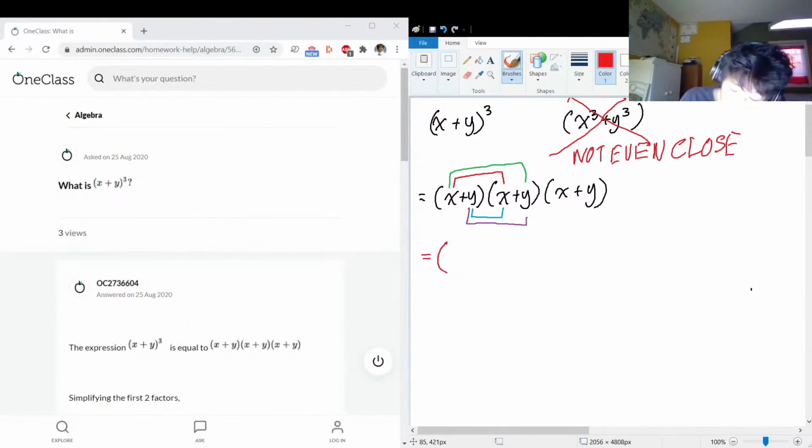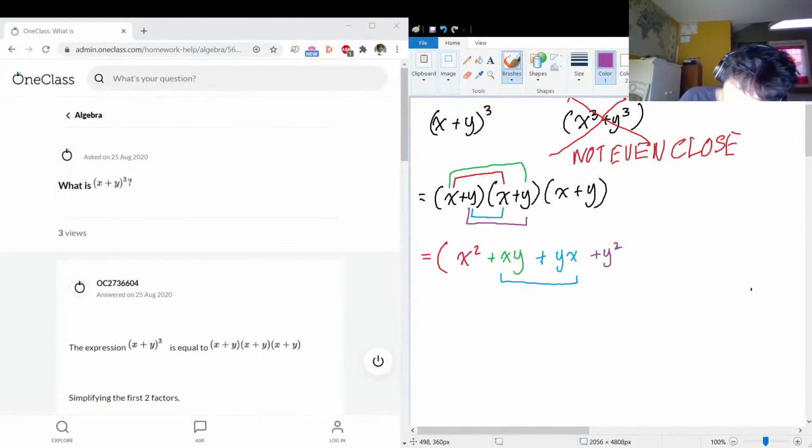So the red ones is x squared. Okay, now the next one was green. So that's plus xy. Okay, now the next one was blue. So that's plus yx. That's the same as xy. We can add these two together. And then in purple, we're going to have y times y, plus y squared.